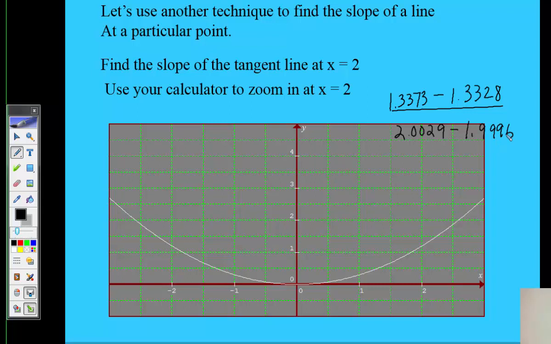Now I don't have that calculation done, so let's take a look at that. 1.3373 minus 1.3328.